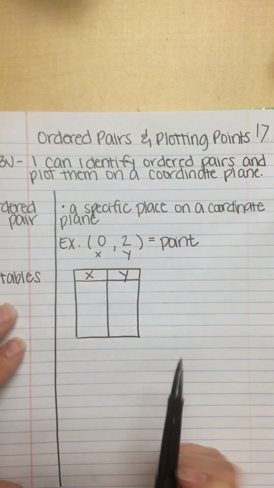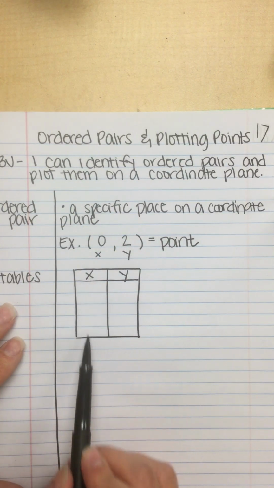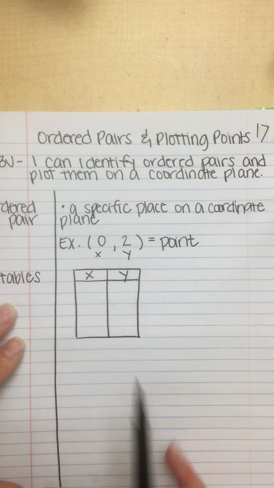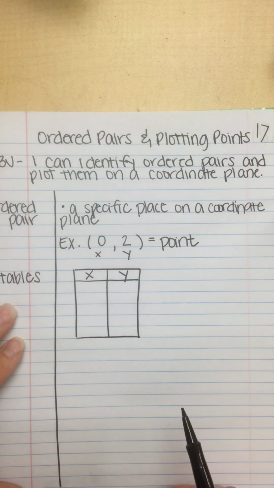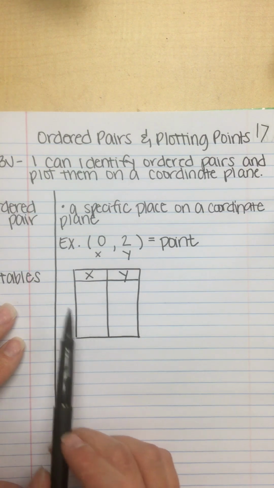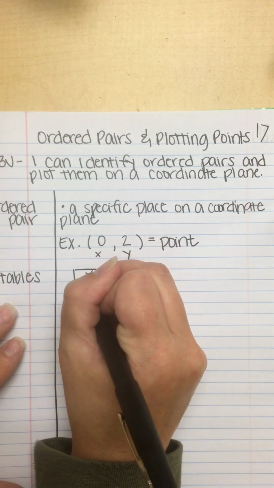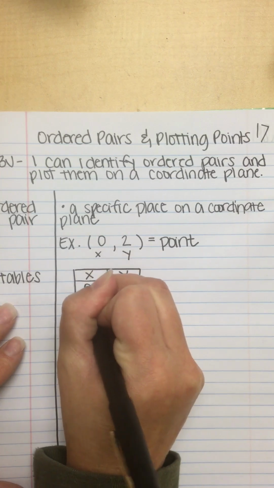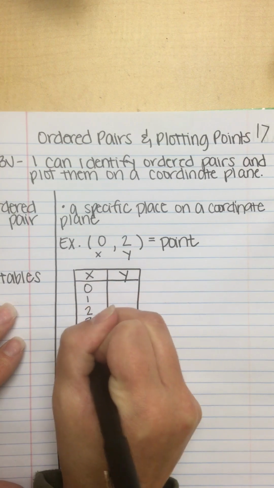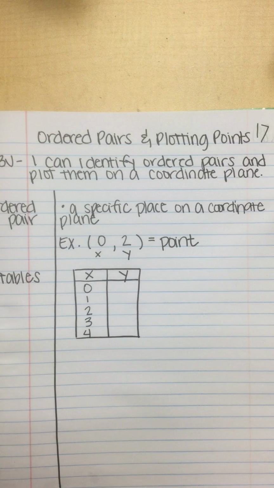You'll have numbers under the X column, and then you'll have numbers under the Y column. For the most part, the X is always on the left-hand side. And those could be whatever numbers are in the table.